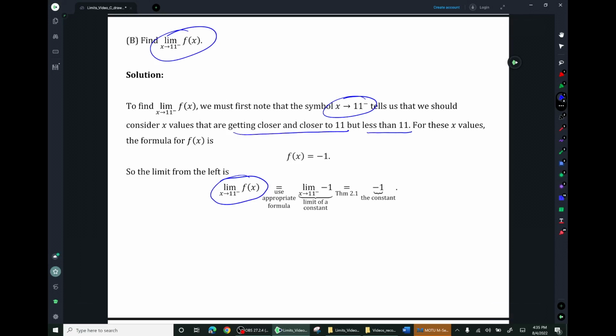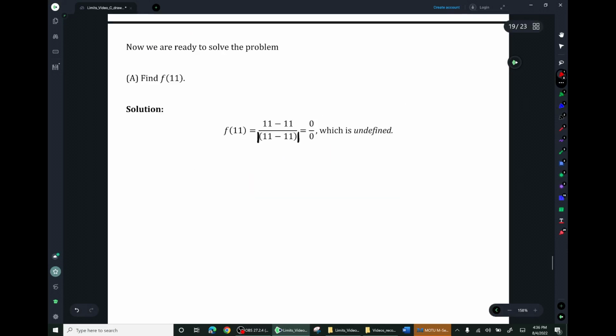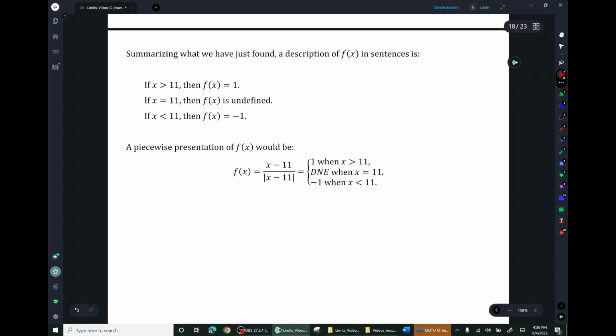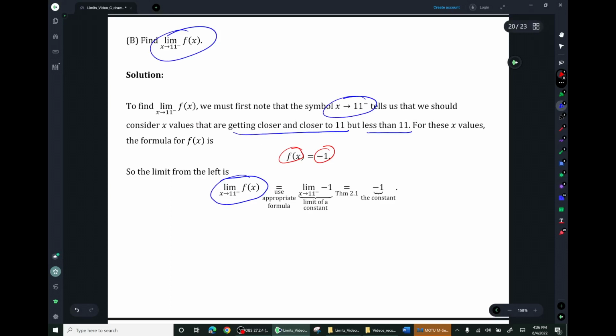Well, for those x values, the formula for f of x is f of x equals -1. Remember, we found this description of the function f of x in 3 sentences. When x is less than 11, f of x is computed using that formula, just simply f of x equals -1.